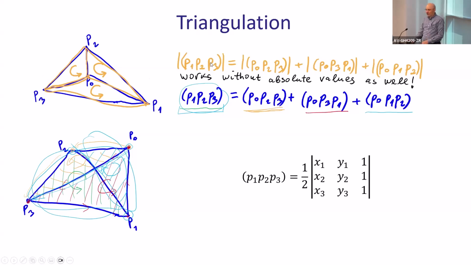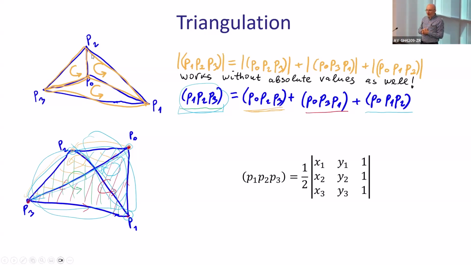And absolute value of that, because I want positive area, equals P0, P2, P3. So this is the area of that triangle, all right? Plus area of P0, P3, P1, that triangle. And plus P0, P1, P2, that triangle. All in positive direction. So the area of the overall triangle is the sum of these three triangles.